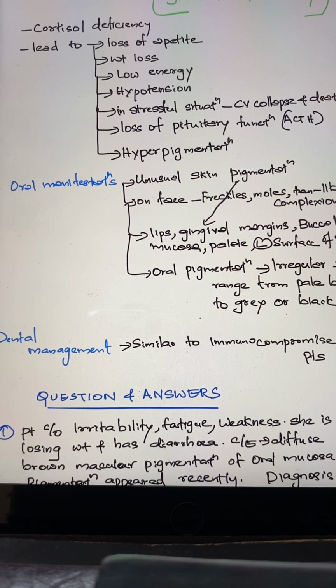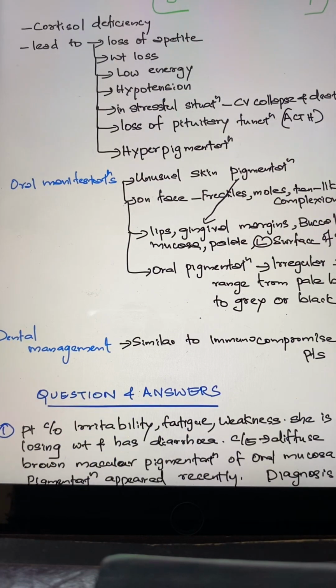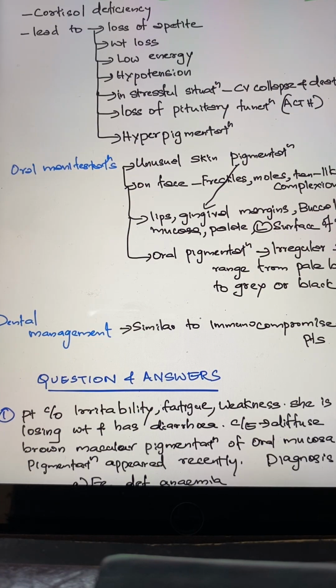How would the pigmentation in the oral cavity look? They are irregular spots that range from pale brown to gray or black color. If you go and see the thumbnail, you can see a picture of a highly pigmented mouth. That is an Addison's disease case. So oral pigmentation is an important factor that we need to assess.